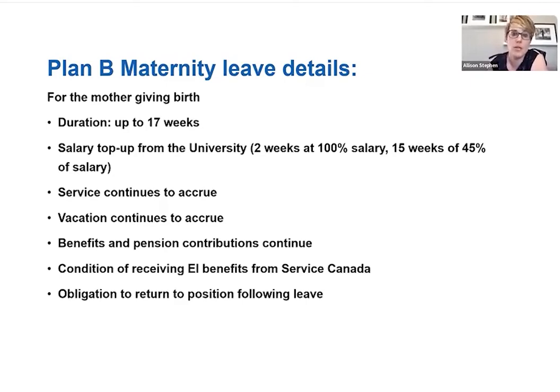And also you need to sign something on the leave form that says you will return to work full-time following your leave, and you will return for the duration of leave. So for example, if you took the 17 weeks of mat leave, you need to come back for at least 17 weeks full-time to basically pay it back. Otherwise, you would need to repay that to the university.